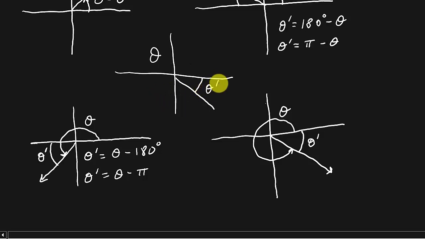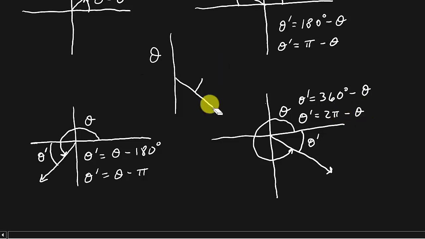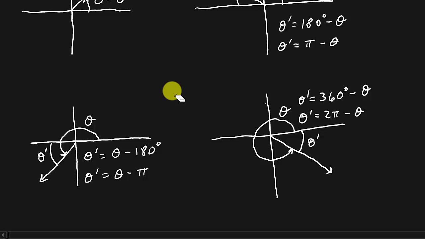So theta prime is 360 degrees minus theta. And if I put that in radians, then theta prime is 2 pi minus theta. So that's how you calculate your reference angles.